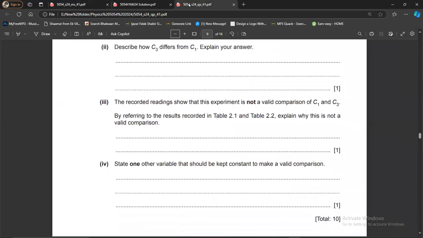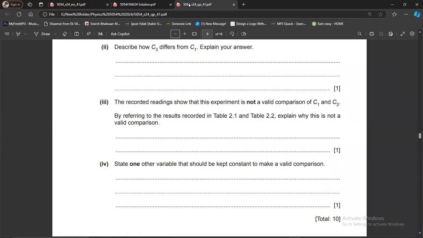The recorded readings show that this experiment is not a valid comparison of the C1 and the C3. By referring to the results recorded in table 2.1 and table 2.2, explain why this is not a valid comparison. You see, in both the experiments, the initial temperature of the water is not the same.